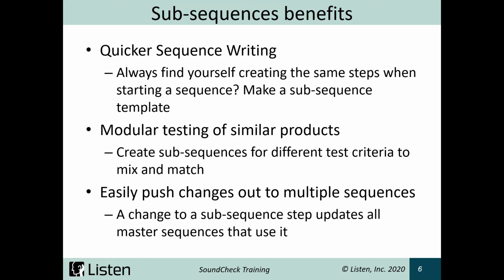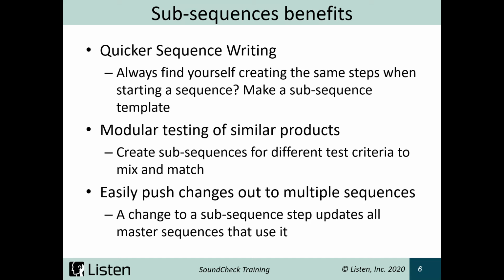But what if you did want to do that? If I had a subsequence and 20 different master sequences were referencing that same subsequence, and I said, okay, well, instead of just looking at THD, I also want to look at THD plus N on all of these sequences.